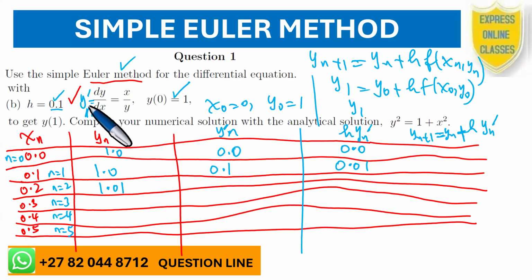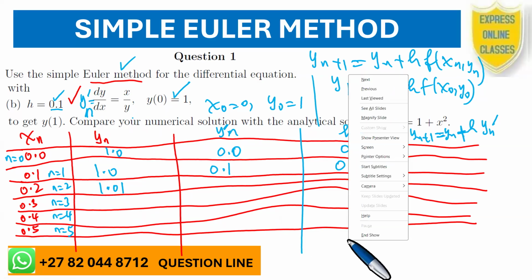Now to get the y prime, it is x over y. So you do x, which is 0.2, and y, which is 1.01. Let's use a calculator for this one.